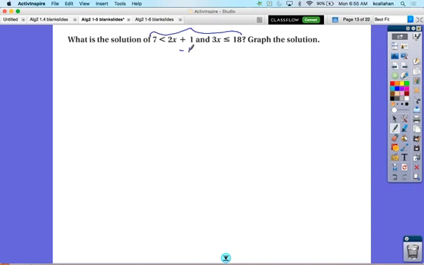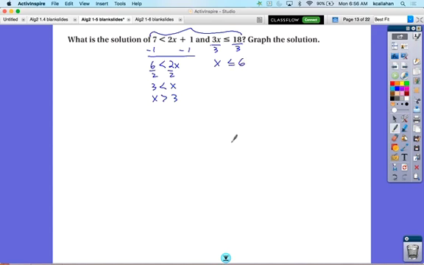This will be minus 1, minus 1. 6 is less than 2x. Divide by 2, divide by 2. 3 is less than x, or x is greater than 3. Okay, this one. Divide 3, divide 3. X is less than or equal to 6.